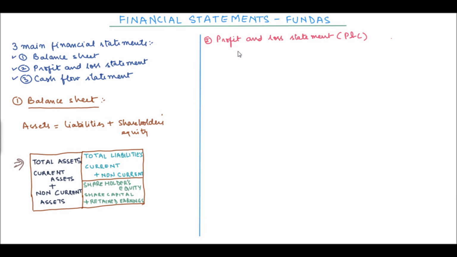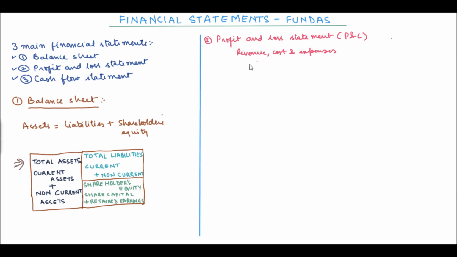So you typically see revenue, cost, and expenses. This statement is also known as an income statement. Now, in other words, the profit and loss account is a scoreboard of a firm's performance during a period of time.